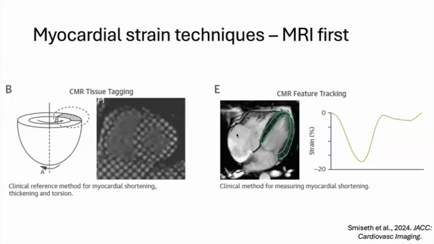And the MRI is basically able to identify the endocardial border and then track this over different parts of the cardiac cycle and in different planes to create a more accurate strain map, and a strain map more quickly.